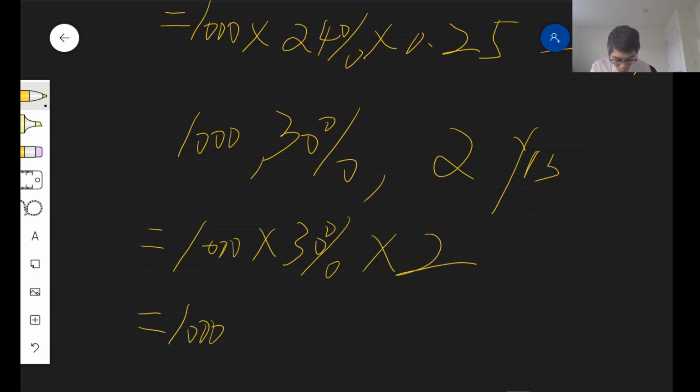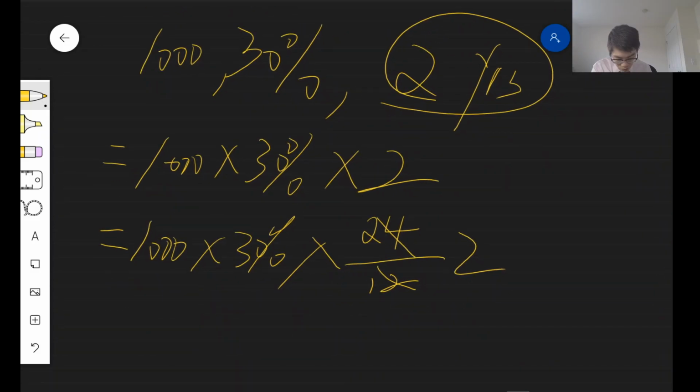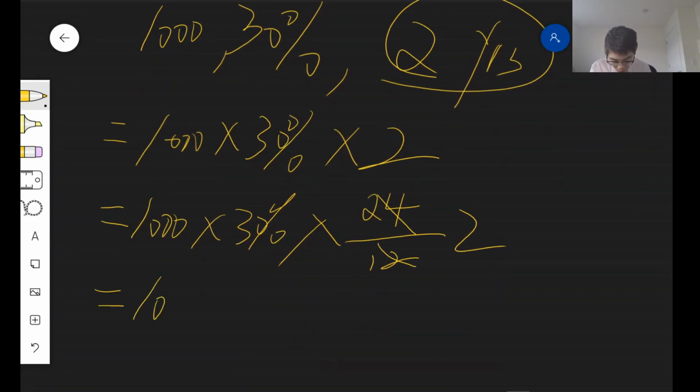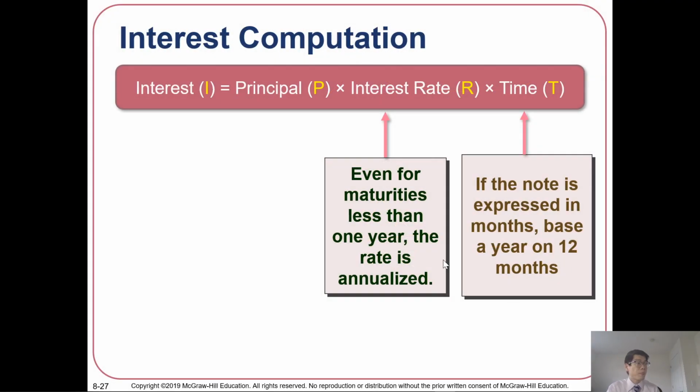Or 1,000 times 30% annual interest rate times 2 years, and converting that into a monthly basis, it will be 24 months over 12 months in a year, so it's still going to be 2. So that's going to be 1,000 times 60%, which is $600. That makes sense? So this is how we calculate interest.